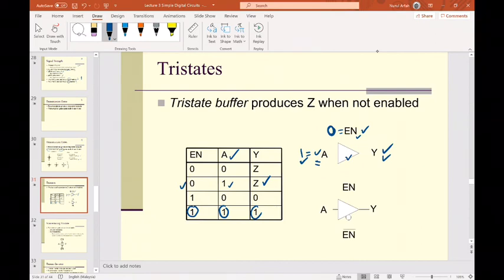Okay, and what about if you have another side, which is the negate of that side? Remember this is 0, and enable is 1. Then you should have an output equal to this one.